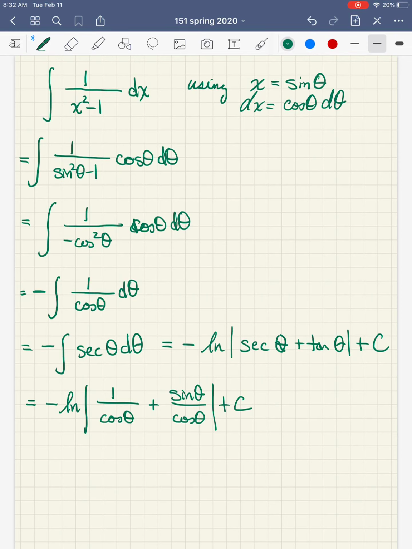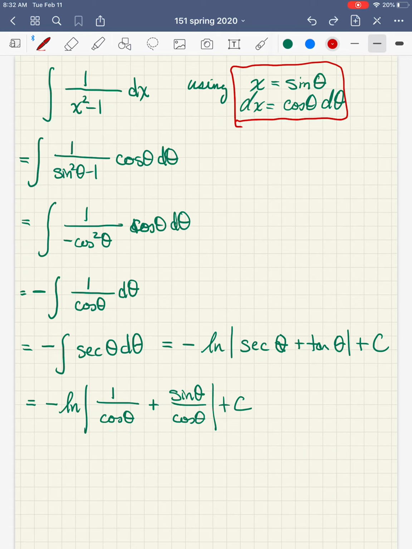And I can look up here in my equations, and I see that x is equal to sine of theta, so this part here is going to be x. All I have to do is find cosine, and then I'd be able to plug it in. So if I know that x is sine of theta, how can I find cosine of theta?